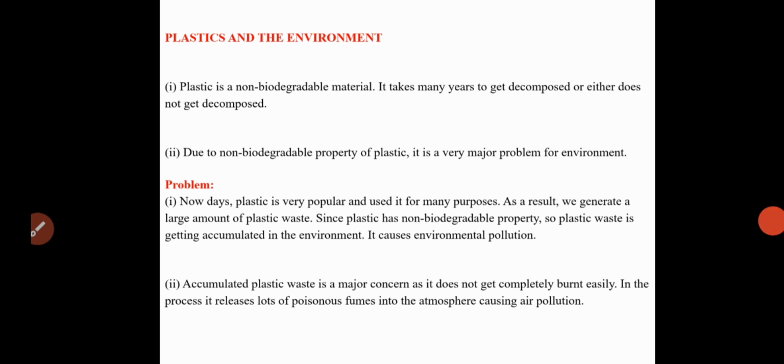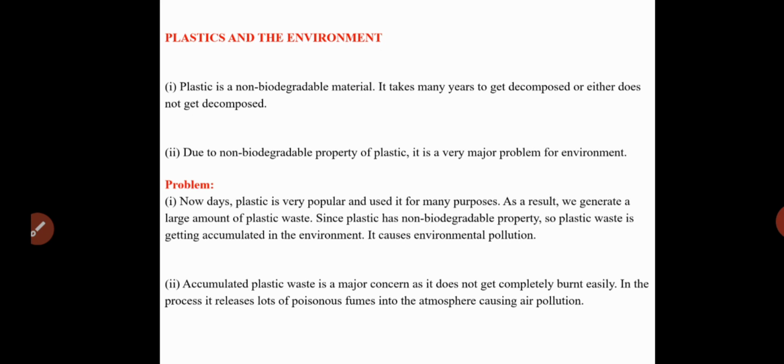Next, we just discussed the pollution made by plastics and other non-biodegradable substances. Plastics and the environment. Usually plastic is non-biodegradable, it takes many years to get decomposed, or does not get decomposed at all.